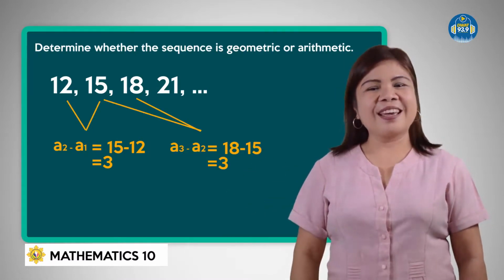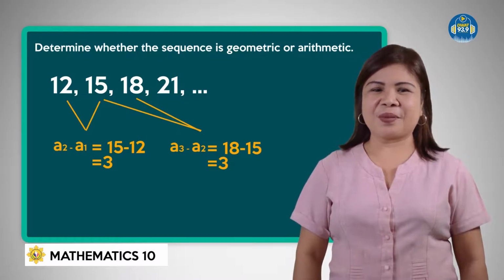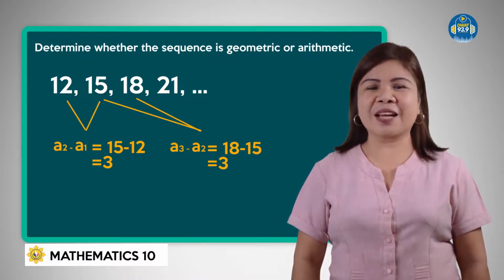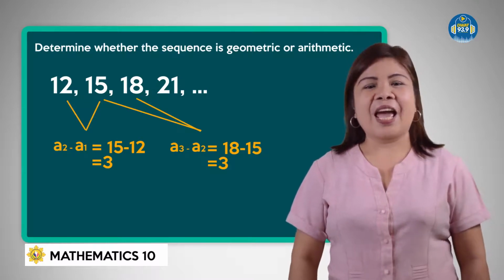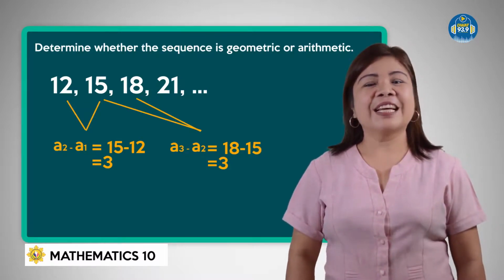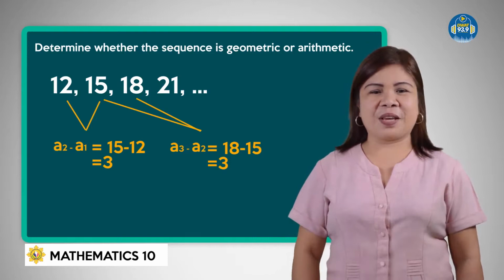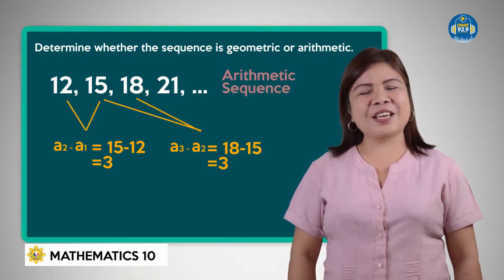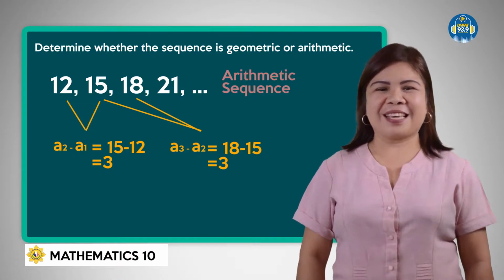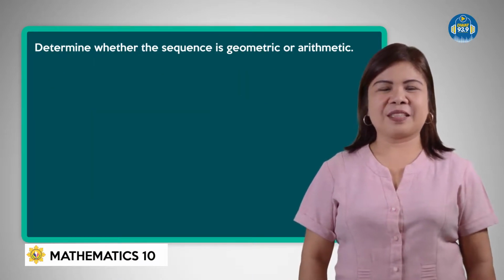And 3 is equal to 3. We performed subtraction in two pairs of consecutive terms, and we were able to obtain the common difference 3. Therefore, we can conclude that the sequence is an arithmetic sequence.